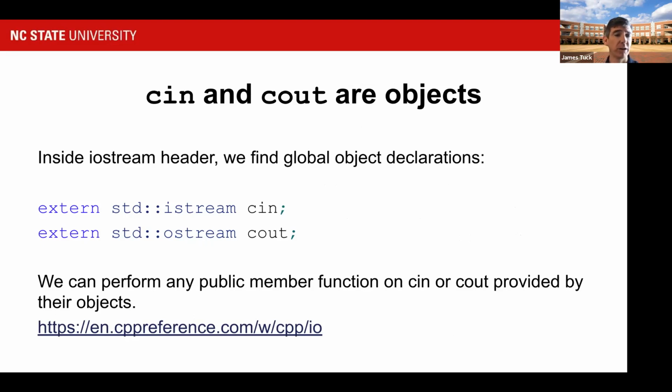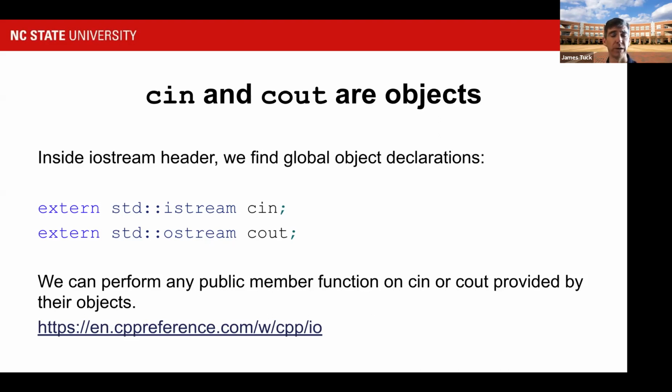And so you could go look up these objects, the istream object and the ostream object. A good website for that is cppreference.com, and I have the link here to the iostream header. You could go read up more on these objects and the various public member functions that they support. That would teach you how you can achieve various sorts of special formatting rules.